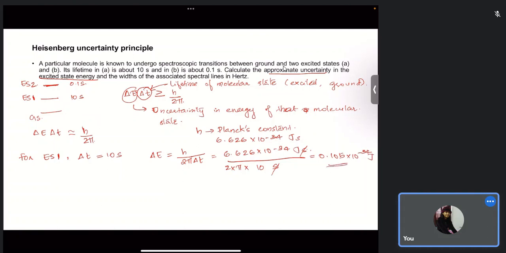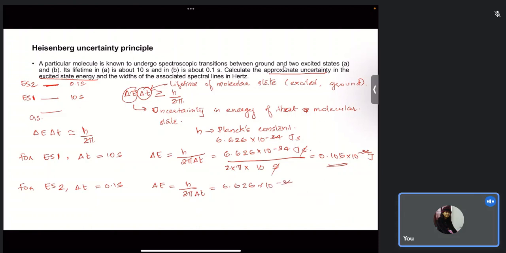For excited state 2, the lifetime delta T is equal to 0.1 seconds. Delta E is equal to h by 2 pi delta T, which is equal to 6.626 into 10 to the power minus 34 over the same denominator.